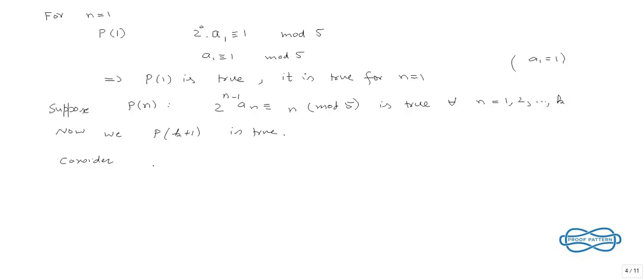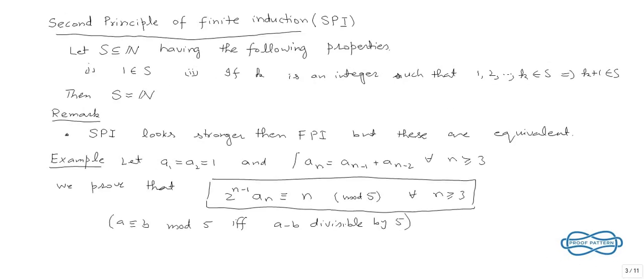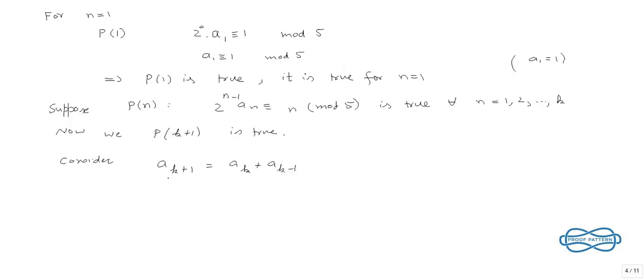Consider that a_(k+1) is equal to a_k plus a_(k-1), because in the start the recurrence formula was given in this way: a_n is actually the sum of the previous two terms. So we multiply 2^k on both sides of this equation.